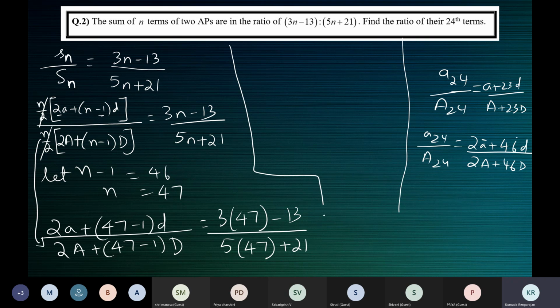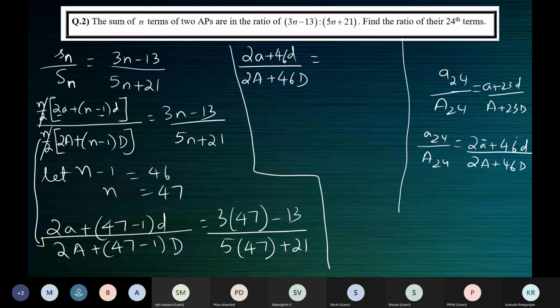Yes, children, please calculate this. So you get 2A plus 46D. See, we got 2A plus 46D. 2A plus 46D by 2A plus 46D is equal to, please work this out, children: 3 into 47 minus 13.